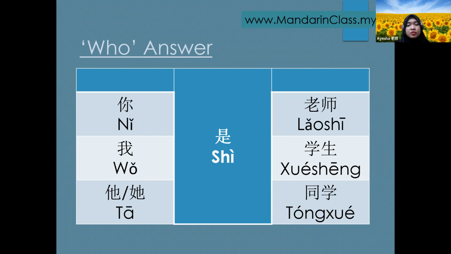So Zima, if I ask you about Cedric, 他是谁呀? Cedric is in the class also, right? So if I ask you 他是谁, how should you answer? Cedric is classmate. Okay, can you repeat the question? 他是谁?